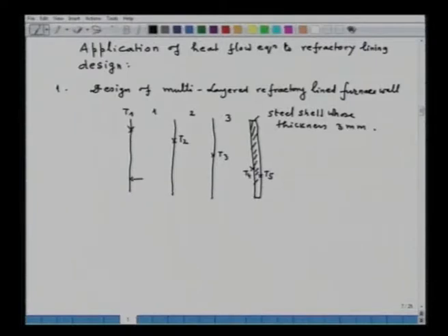The thickness of this wall is 250 millimeter, of this wall is 140 millimeter, and of this wall is 45 millimeter.